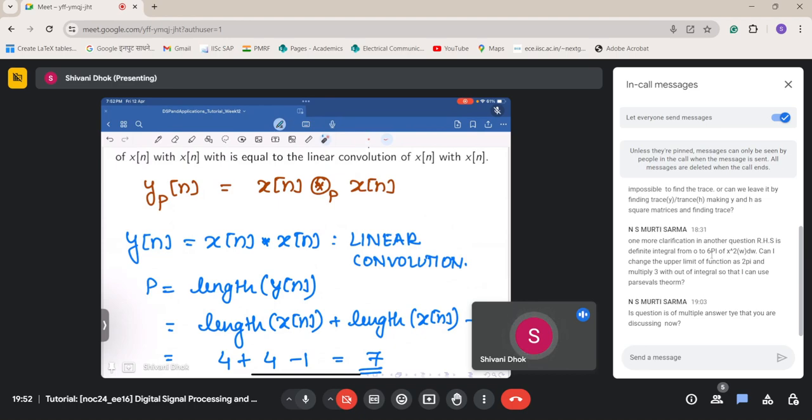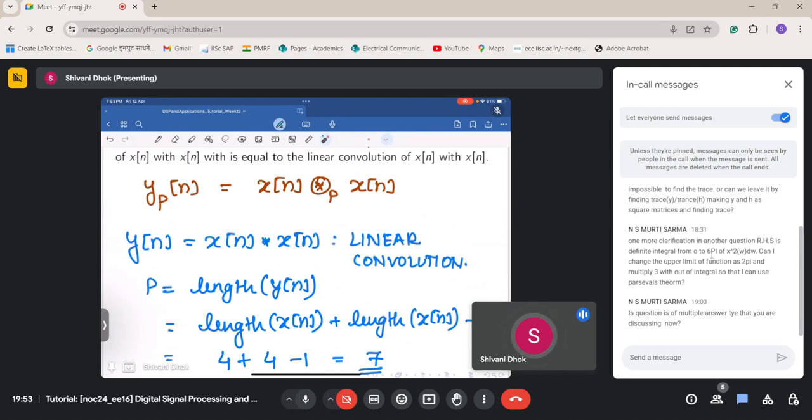A more proper argument will be to use the periodicity of x of omega. This x of omega is periodic with a period 2 pi. So 0 to 6 pi is basically three intervals of 2 pi, that is 0 to 2 pi, 2 pi to 4 pi, 4 pi to 6 pi.